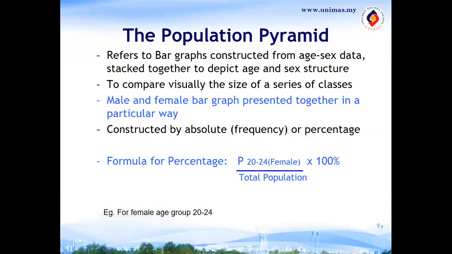So let's say for this population 20-24, katakan 100 orang ya, dalam populasi kecil lah. And then the total population is 10,000 for example ya, total population of the country. Jadi maksudnya kita bagikan 100 tadi dengan 10,000 dan didarabkan dengan 100. That will be the percentage lah for that particular group. Itu sebagai contoh ya, how you do the calculation.